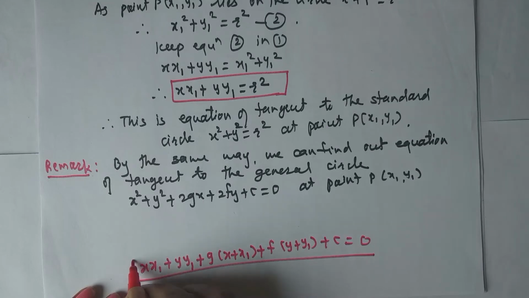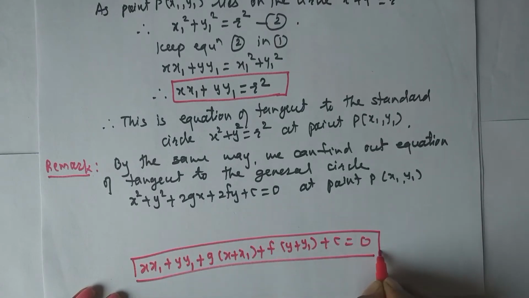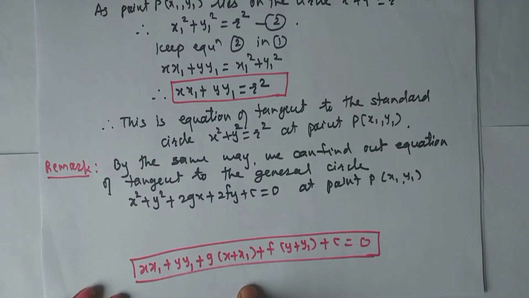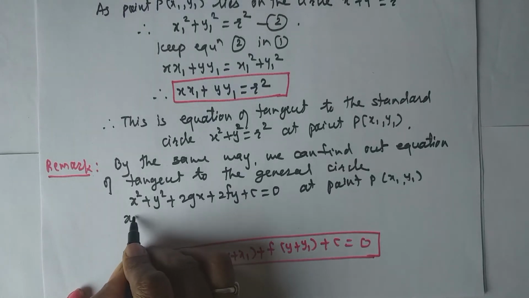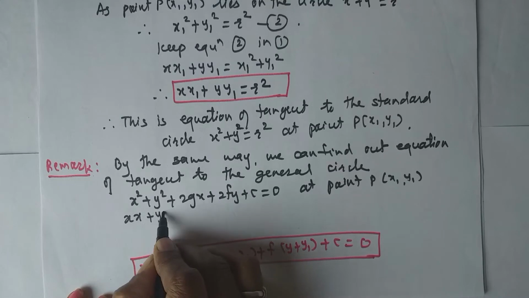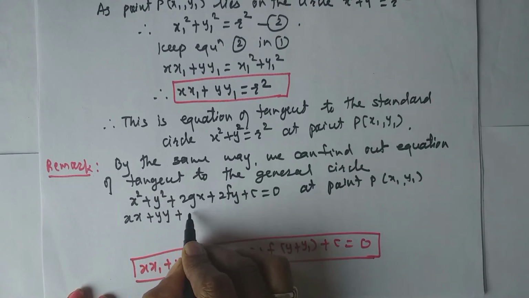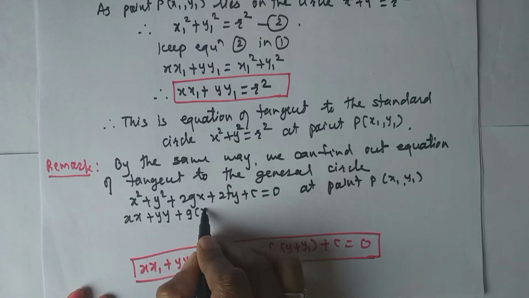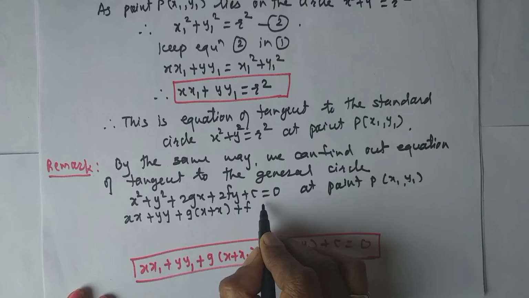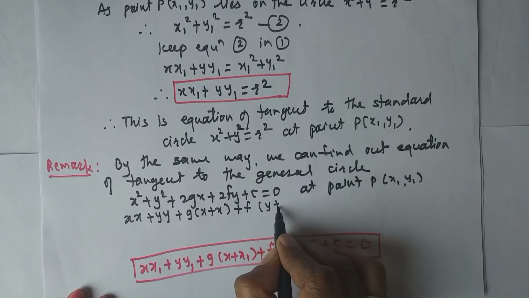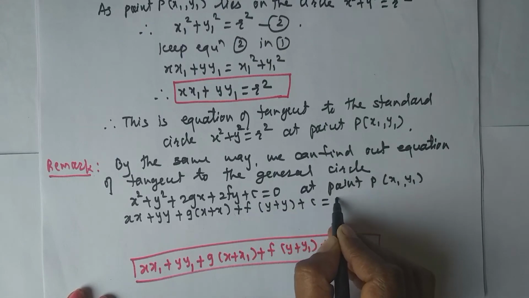This is the equation of tangent to the general circle. And see how this comes. Here you split this, you write down this x square as x into x, this y square as y into y. This 2gx means g, and here remains 2x, that I can write x plus x. Then write down this f, then 2y you write down y plus c is equal to 0.